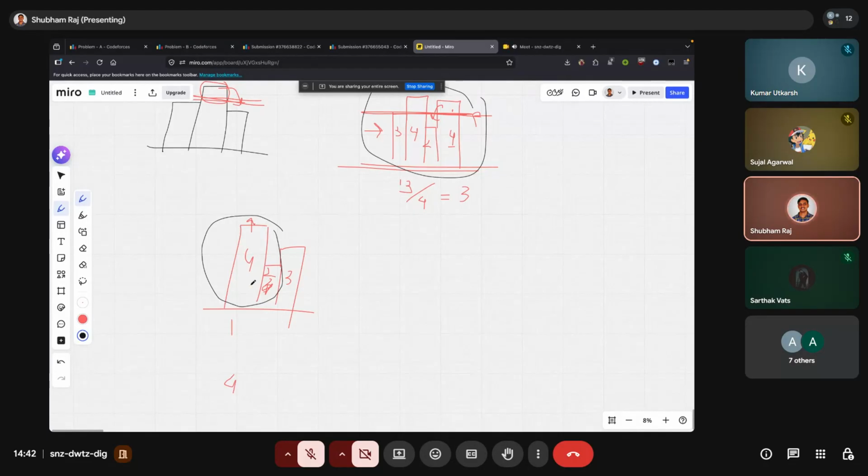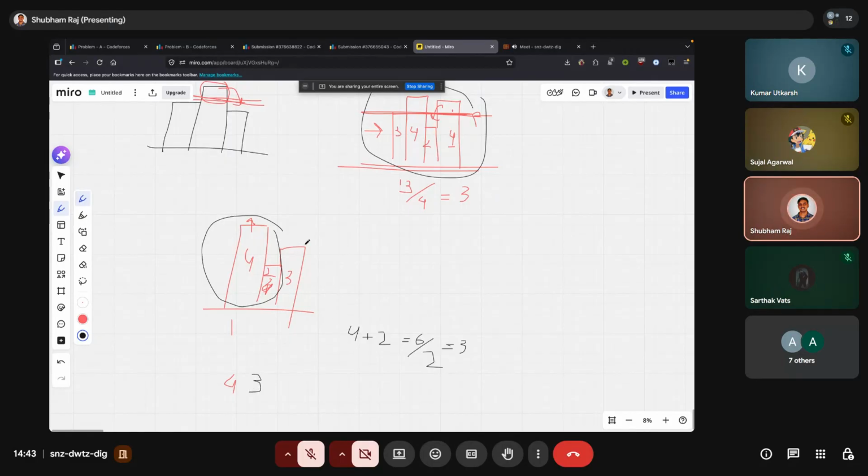So what will be the total units? 4 plus 2 equal to 6. And if I divide by the total number of sections, or groups, that is 2 here, we can attain a maximum height of 3. So for the second index, that will be 3.